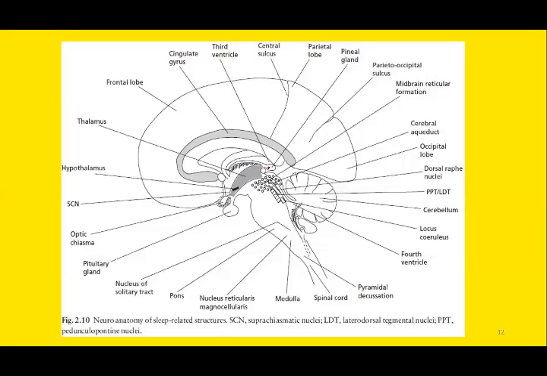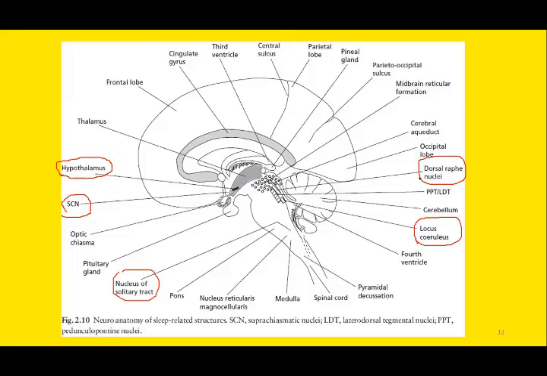In this figure, you can locate the important structures located within the brain that are related to the sleep wakefulness cycle. For example, one of the important structures is the hypothalamus. And within the hypothalamus are multiple nuclei which are related to sleep. For example, suprachiasmatic nucleus, nucleus of tractus solitarius, another important nucleus, nucleus of locus ceruleus, very important nucleus, and the Raphe nucleus.